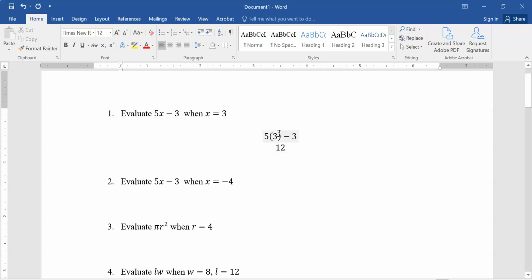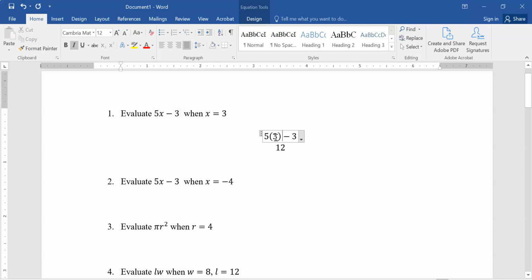By the way, it's for this reason that every time I plug in a number for a variable, I use parentheses. Because if I didn't use parentheses, it would probably look like a 53, right? Or it would look like 5 maybe plus 3, and you could get thrown off by that. So that's why we always use parentheses, because especially in this case, a 5 next to an x really means 5 times x.